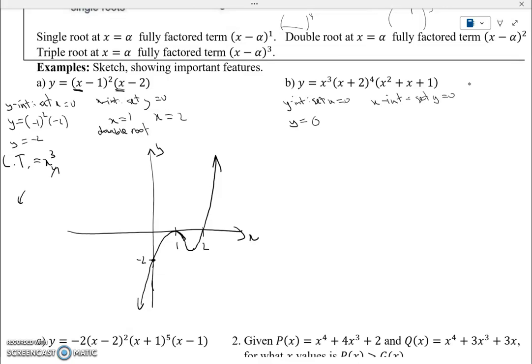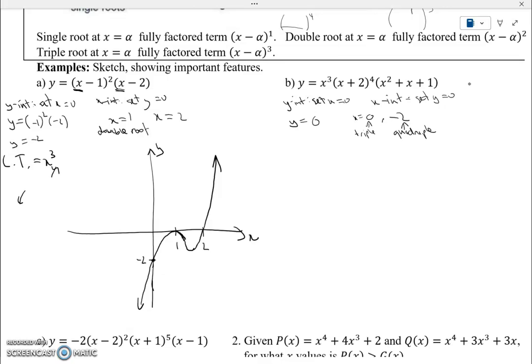So we're going to get 0 is going to be an option. And because it's power of 3, that's going to be a triple root. -2. And because there's a power of 4, it's quadruple.